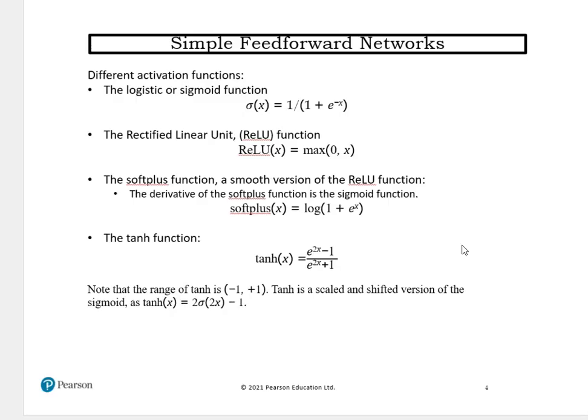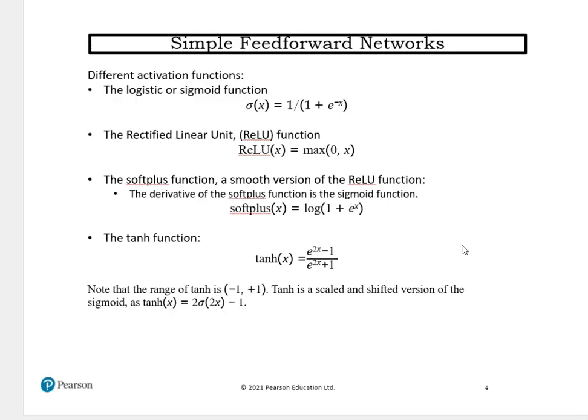Because activation functions are so important, a variety of different activation functions are used. The most common are the logistic or sigmoid function, which is represented with sigma of x. For any input x, we do 1 over 1 plus e to the negative x.